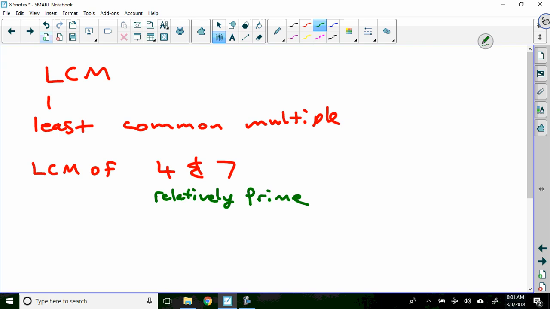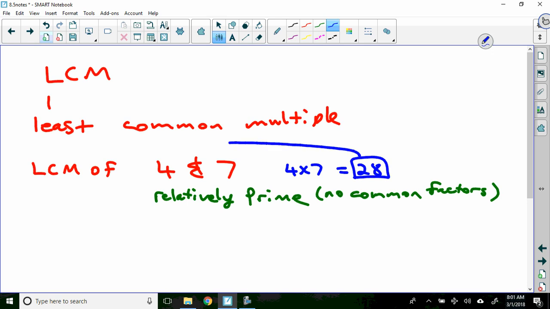What relatively prime means is they have no common factors. So if two numbers have no common factors, they're said to be relatively prime. And in that context, your 6th grade teacher's right. You just take 4 times 7, which equals 28. And 28 is the LCM of 4 and 7.